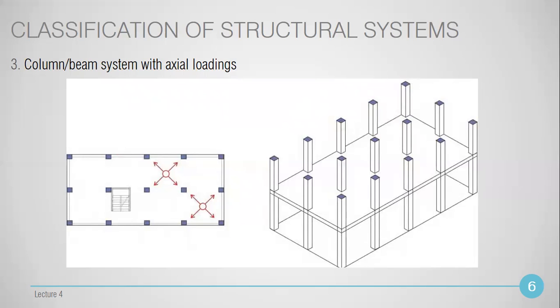Next vertical type of the building is the column beams system with the axial loadings. So this system can be called the third most common system used for construction.